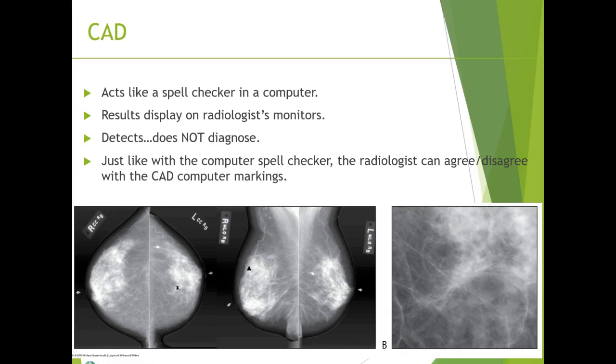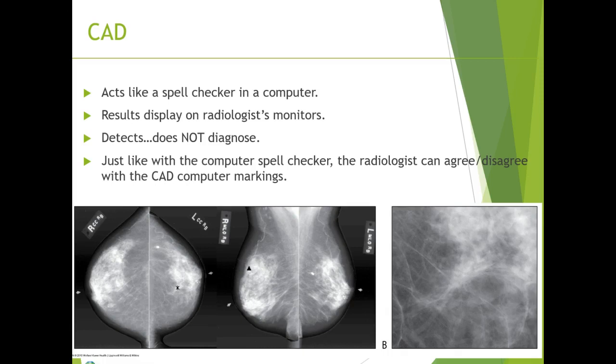So computer assisted detection, or computer aided detection, is a spell checker in mammography. It used to be that there were these standalone units, and you'll see this in your book, where when we were analog, you would run the film through the CAD system, and then there would be an image presented or a film produced that had these little markings.